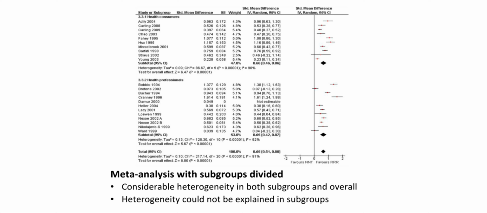While the actual estimates of effect between health consumers and health professionals were similar, indicated by the effects in these two subgroups with a standardized mean difference of 0.66 in the health consumers and 0.65 in the health professionals, there were important differences between studies in both subgroups. In other words, there's considerable heterogeneity in both subgroups, and overall, the heterogeneity could not be explained by looking at the two subgroups, and one would have to make a decision about downgrading the quality of evidence.